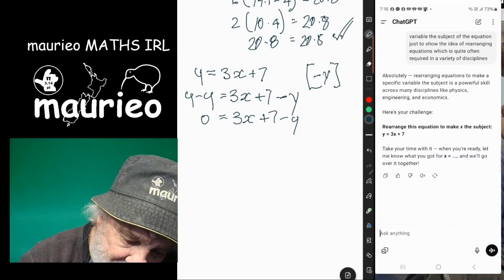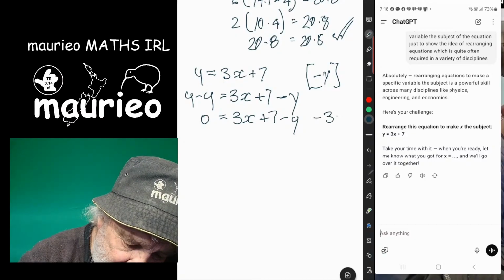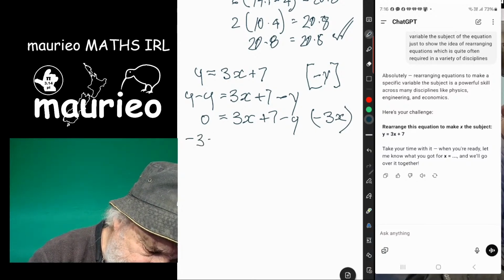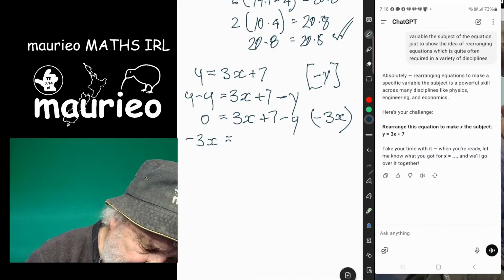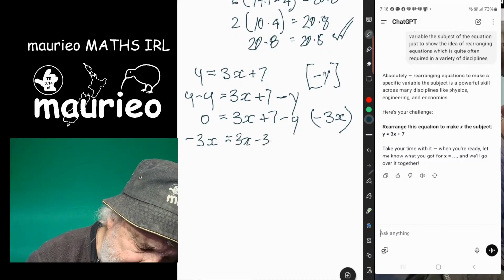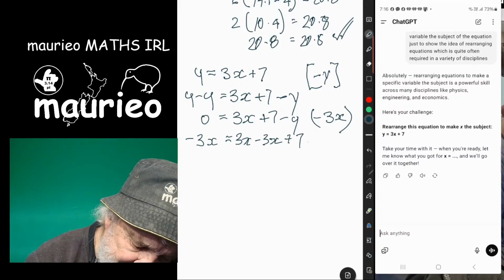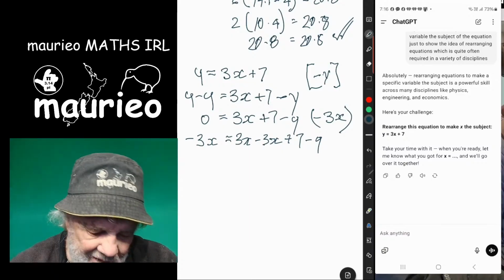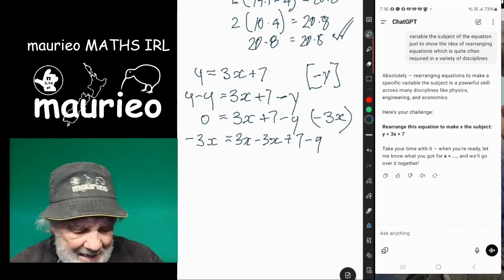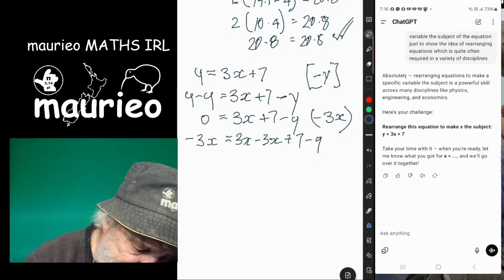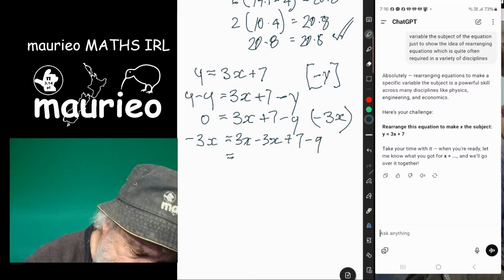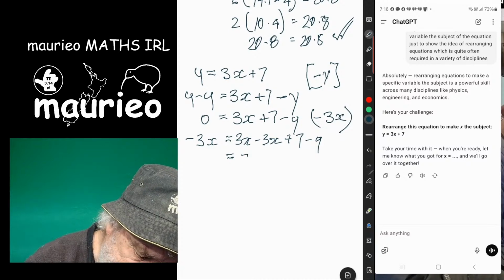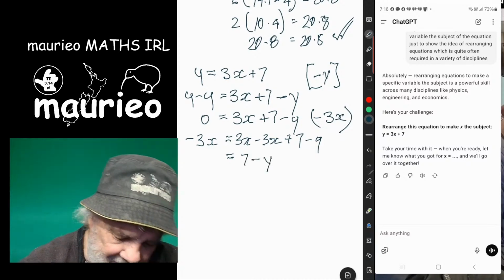And then we could subtract 3x, which would give us minus 3x equals 3x minus 3x plus 7 minus y. Okay, and now I've done it a little bit of a clumsy way here. So let's rearrange this here. 3x minus 3x, so that's just going to give us 7 minus y.